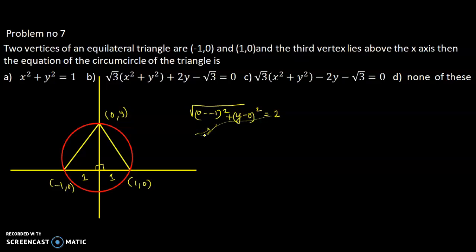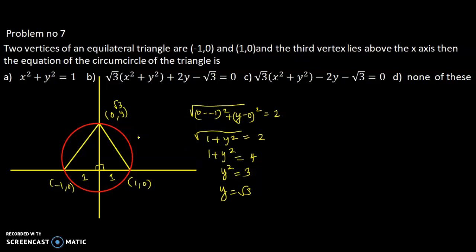That is root of 1 plus y squared is equal to 2. So 1 plus y squared becomes 4 and y squared becomes 3, and y is equal to root 3. So this point is (0, root 3).